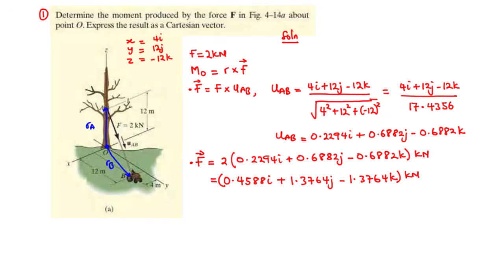So let's move on as we find the position vectors RA and RB. For RA, we are going to move from point O to A. Since we are moving away from O, we obtain a positive value, so we have 12k, in meters.